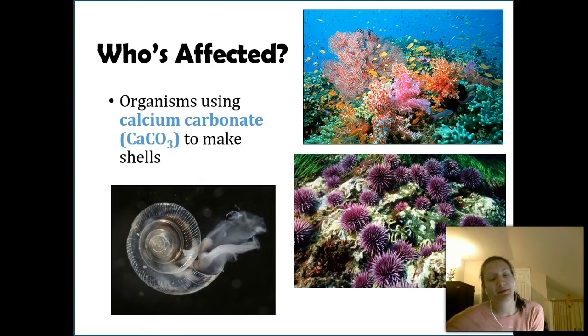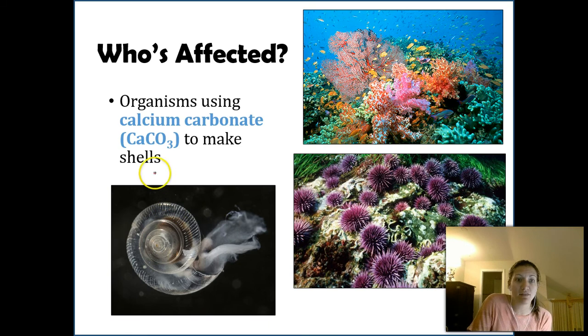So why does this matter? I'm going to give you one more molecule, and I promise it'll be done. So I said that carbonate, that CO3, is incredibly important to the ecosystem. But why? Well, it's not important to all organisms, but it is important to organisms that make shells. Specifically, organisms that make shells out of calcium carbonate.